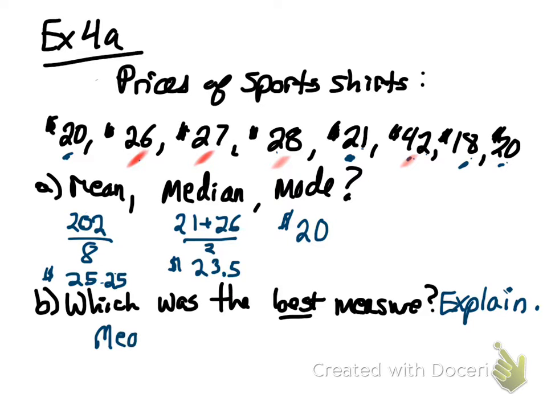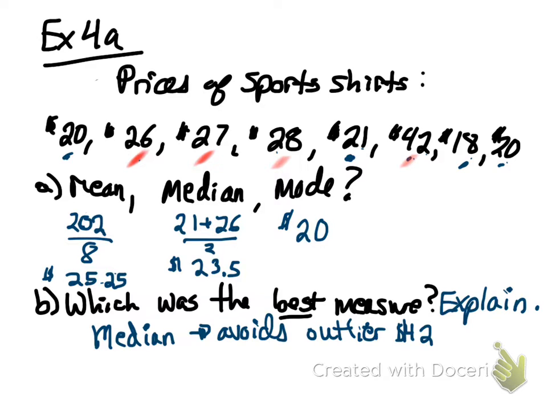So the median, 23.5, is a better way to look at the average, because there's no outlier that throws off the data. And our mode is the lowest number that's repeating, so that doesn't really give us a sense of the average or central tendency for the price of a sports shirt.